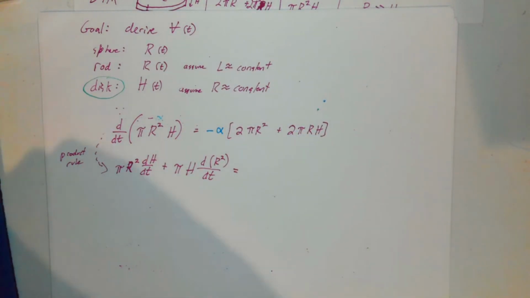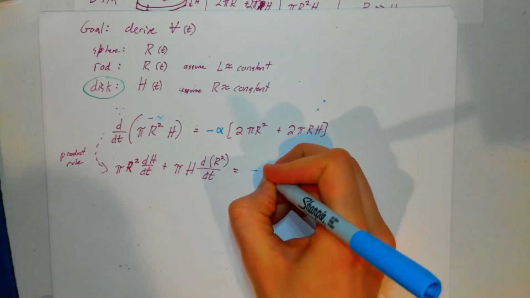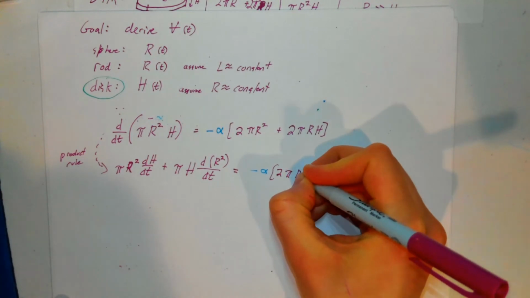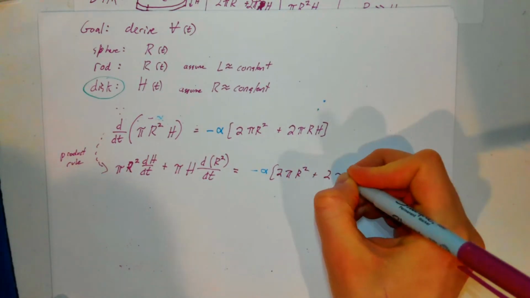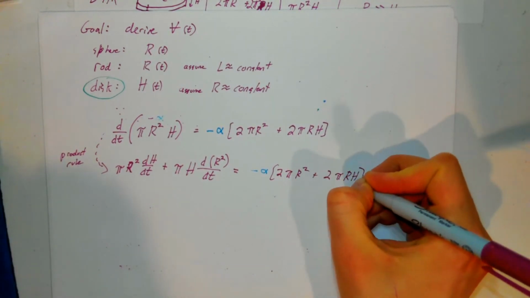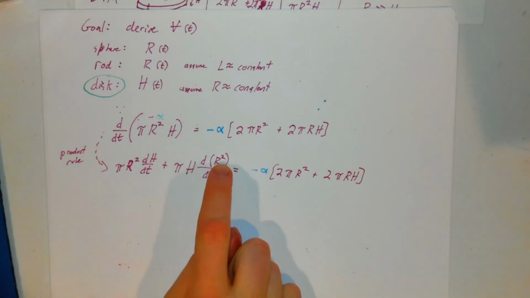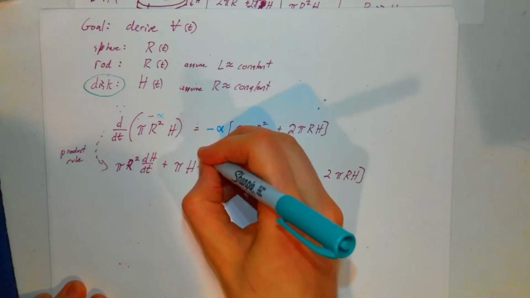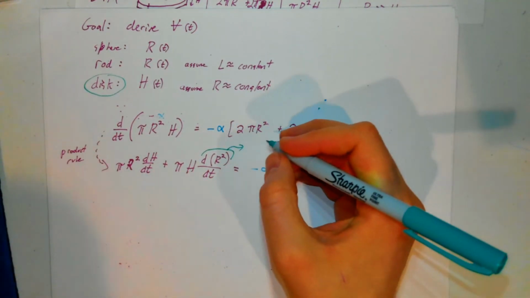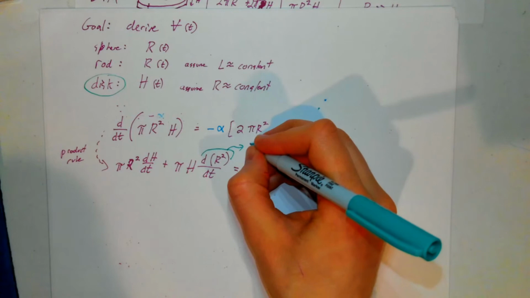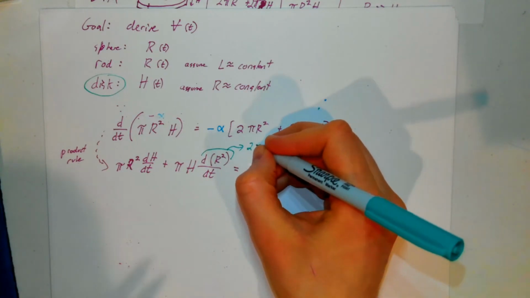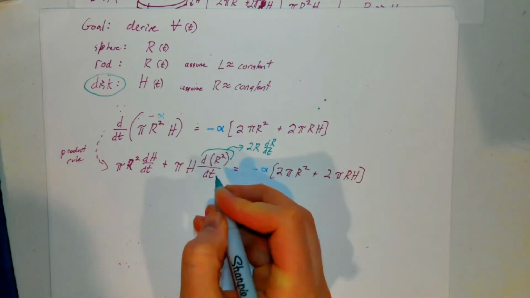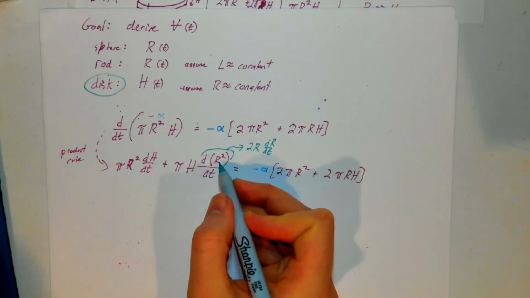So I have my minus alpha times 2 pi r squared plus 2 pi r h. And this thing right here, I need to use the chain rule for. So this is going to be equal to 2r dr/dt. If you remember, this derivative is with respect to time, right?